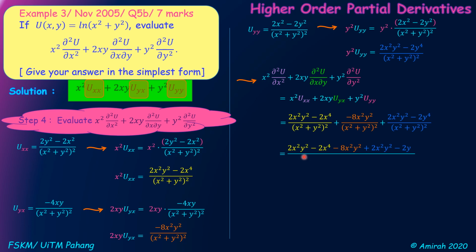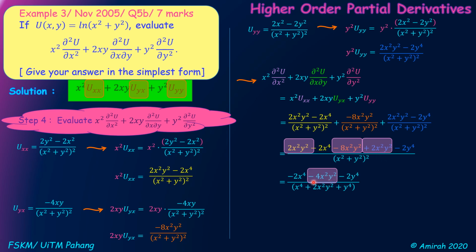We get 2x squared y squared minus 2x to the power of 4, minus 8x squared y squared, plus 2x squared y squared minus 2y to the power of 4, over (x squared plus y squared) squared. Alright, from here we can simplify 2x squared y squared minus 8x squared y squared plus 2x squared y squared.